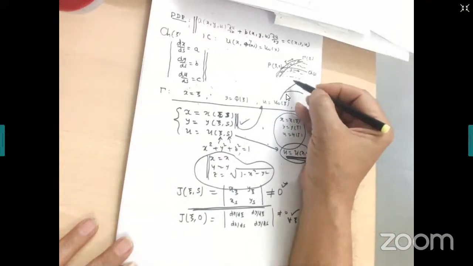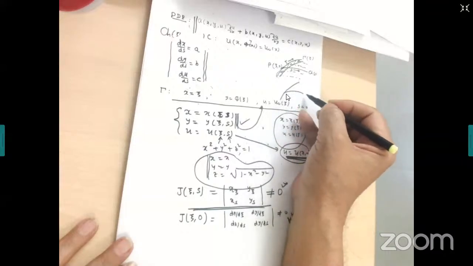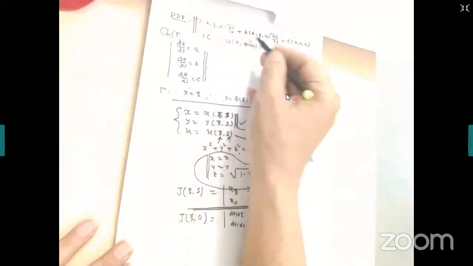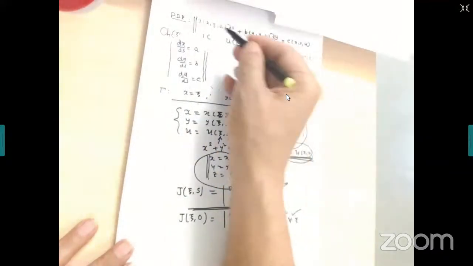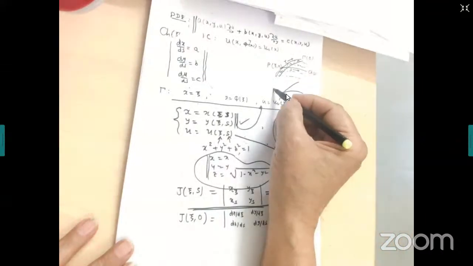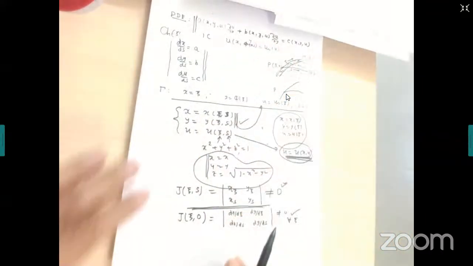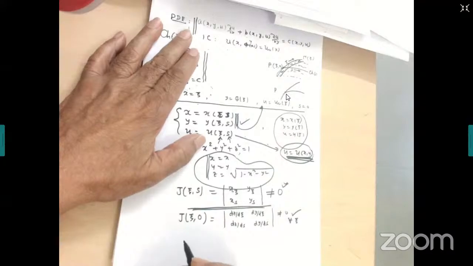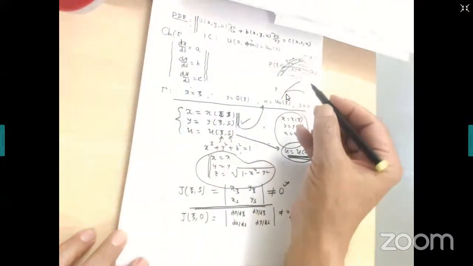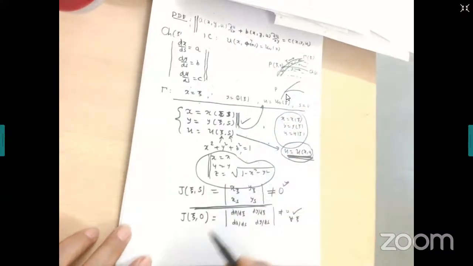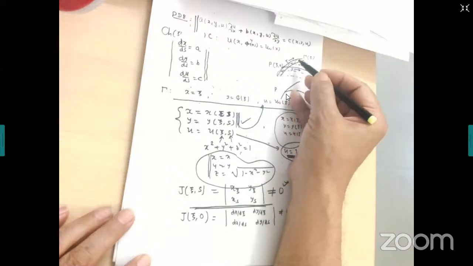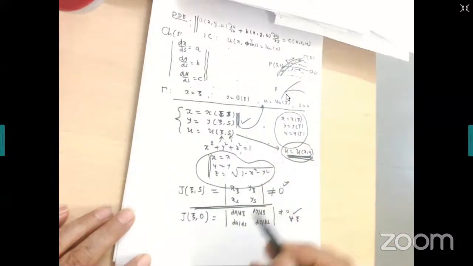Look here, this is your gamma, this is your characteristic curve at this point. Let us evaluate this equation at this point P. If I evaluate this equation at P, what do we get? Evaluating this partial differential equation at this point P, because this is the relation which should hold at this point. P is any point on gamma, this should hold there.